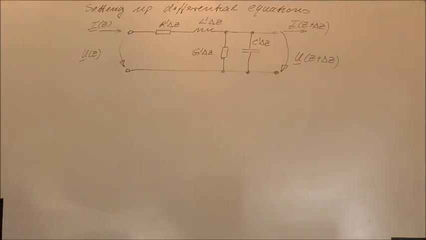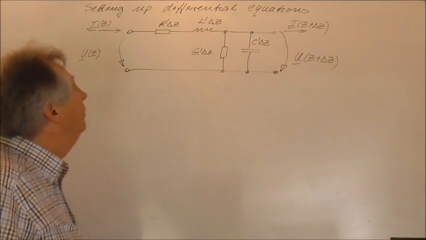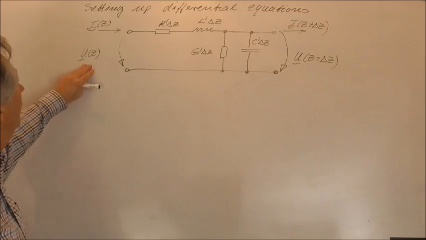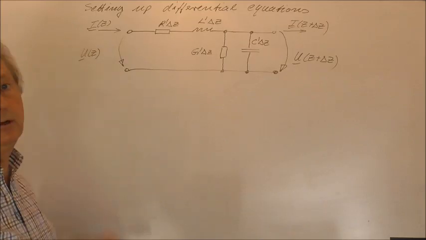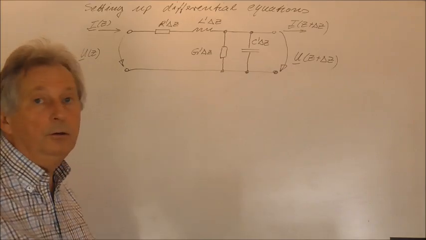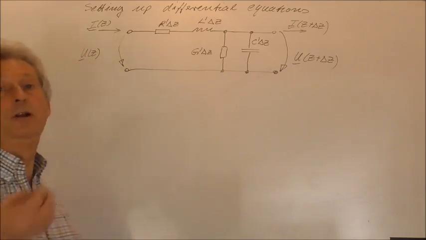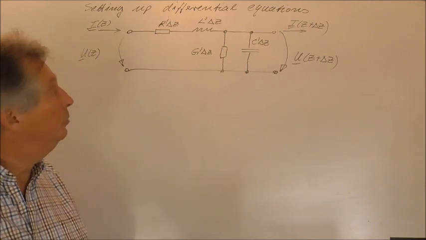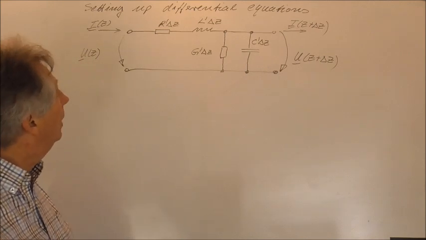Up to now we deduced this equivalent circuit, and of course at the moment we don't know the functions u of z and I of z, and if there are some functions which are unknown, you have to set up some differential equations describing these functions. And this we will do in our first step.